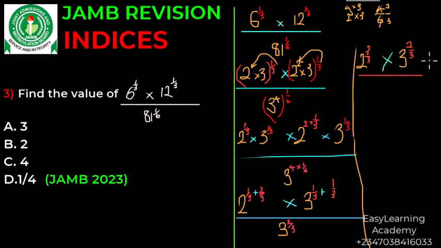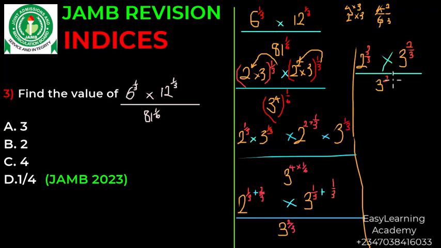Let's get this for our denominator, and then everything will be all over. This one remains as 3 raised to the power of 2 over 3.